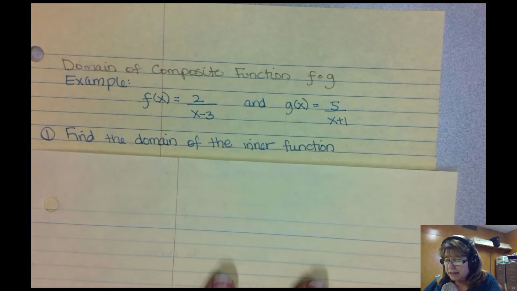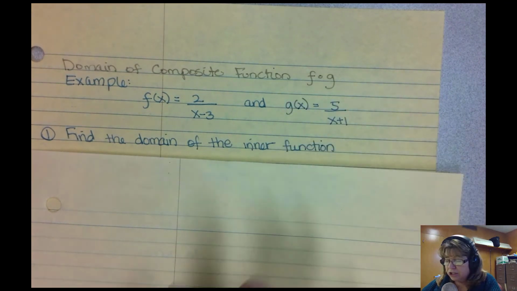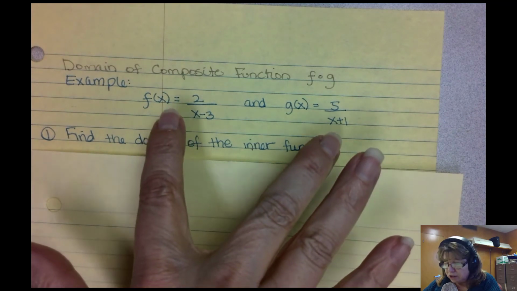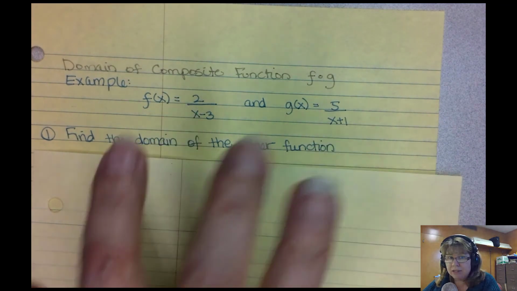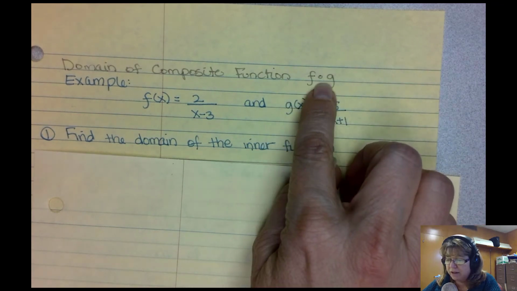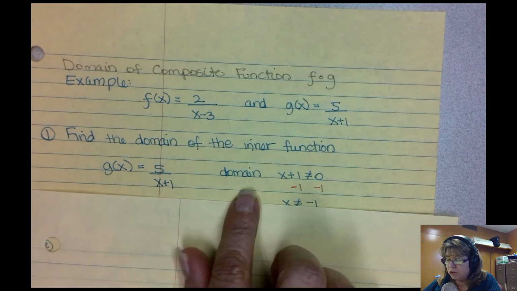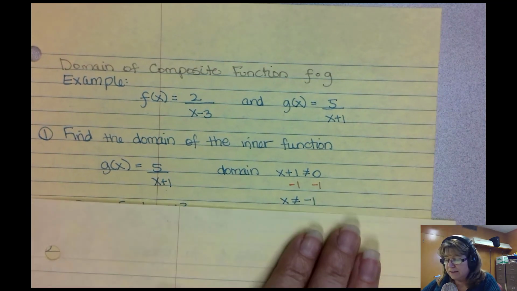Now let's find the domain of this inner function. We looked at it separately, but separately isn't always the case. We're doing f of g, so the inner function is g. We know that the domain is all values except for negative 1.